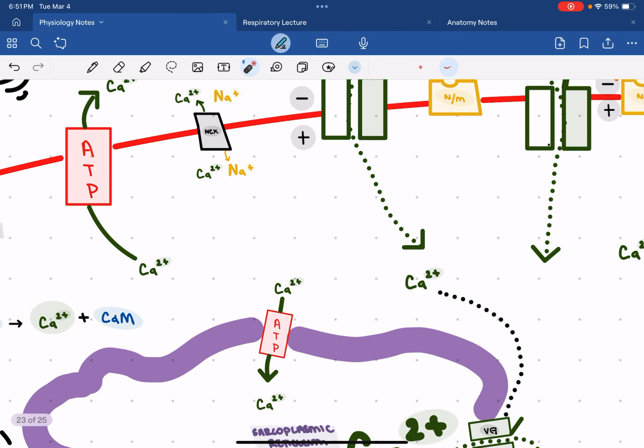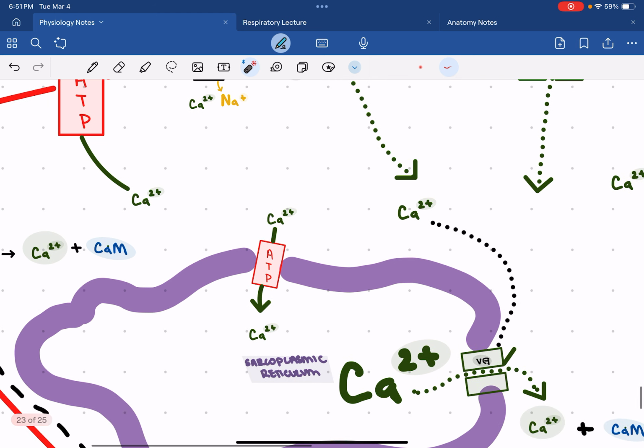We have our ATP. This is a primary active transport for calcium specifically. So instead of high to low, because remember, sarcoplasmic reticulum always has a high no matter what, it's going to suck all the calcium, hydrolyze ATP, and bring it back into the sarcoplasmic reticulum to recycle it.